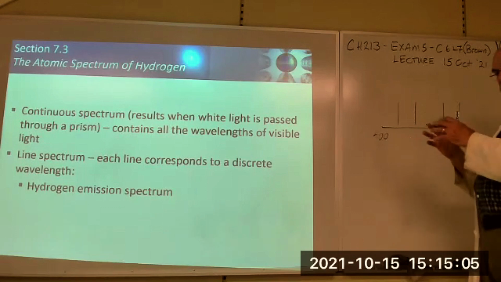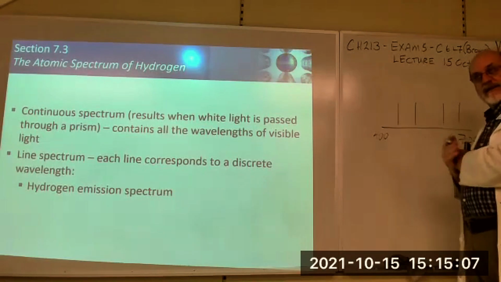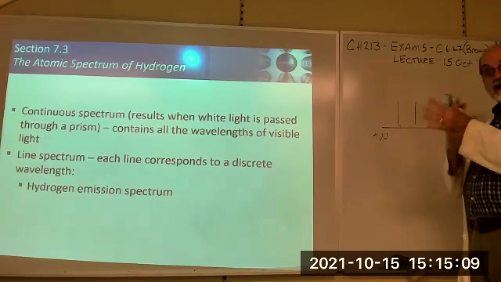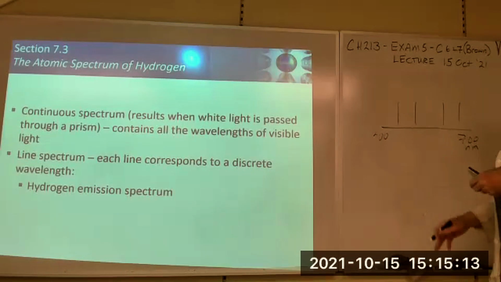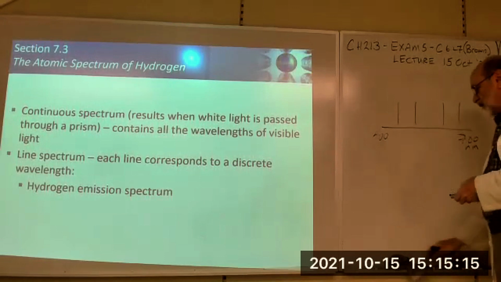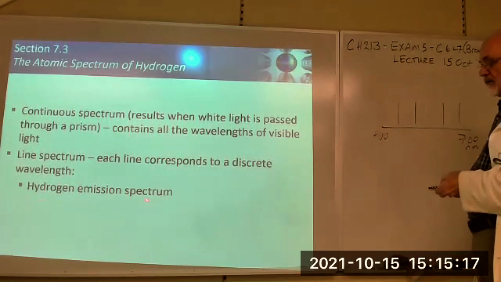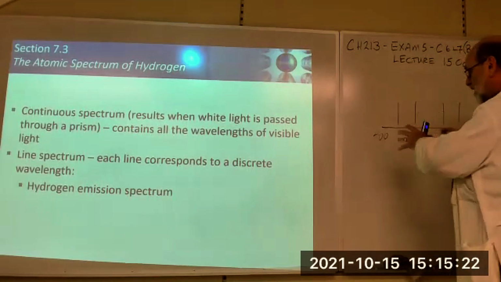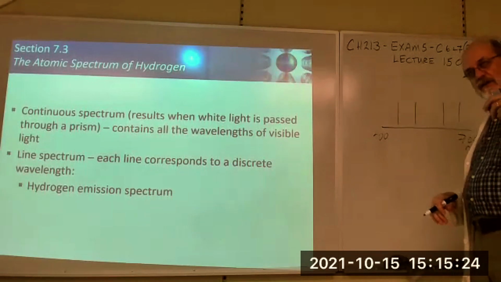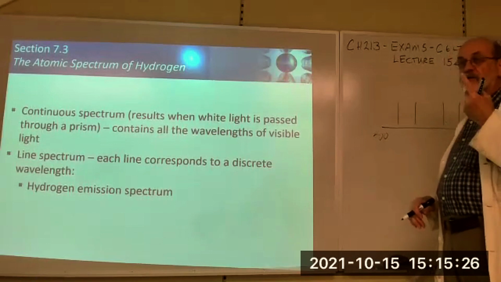So the element in that gas is absorbing light in those wavelengths. So you get it either way, be it an emission or absorption spectrum, but they're always line spectra. And the simplest one is hydrogen. And we've since discovered the reason hydrogen has the simplest spectrum. It's only got one electron.